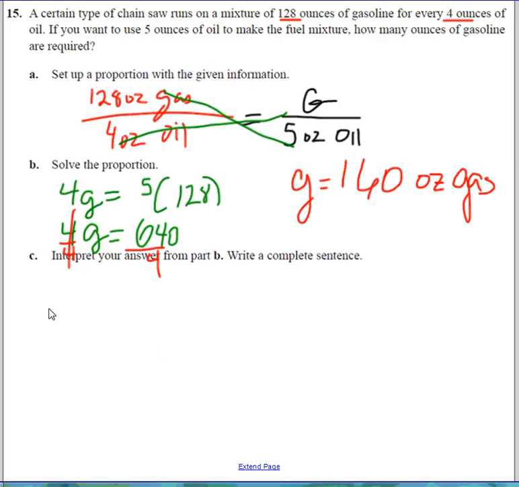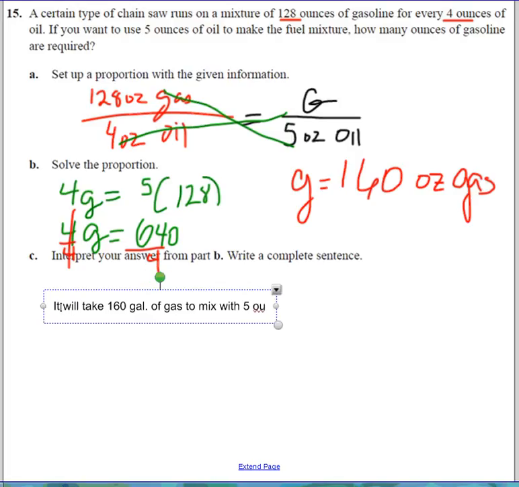So interpreting our results in the context of our story problem says that it will take 160 gallons of gas to mix with 5 ounces of, oh, why did I say gallons? Whew, that would be a lot. Sorry, ounces to mix with 5 ounces of oil.